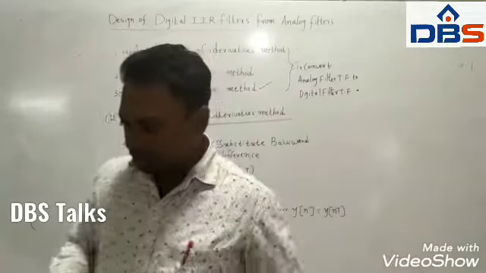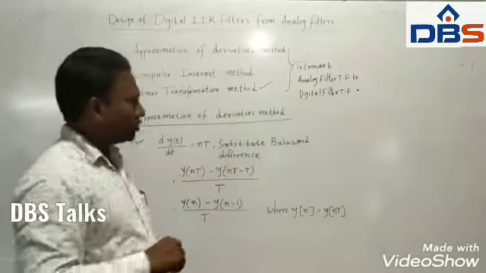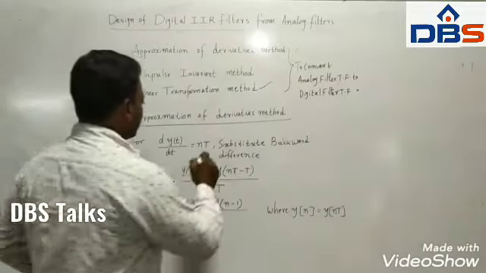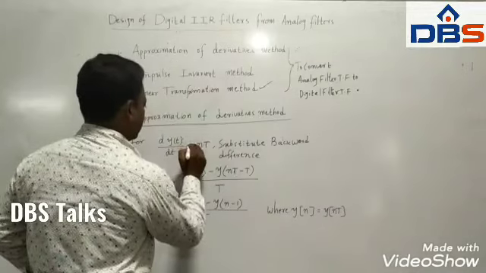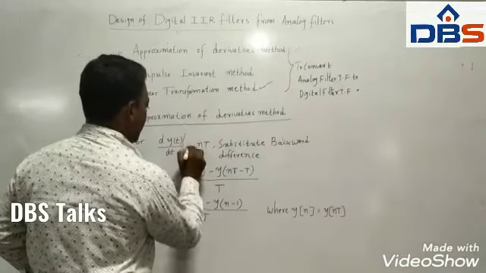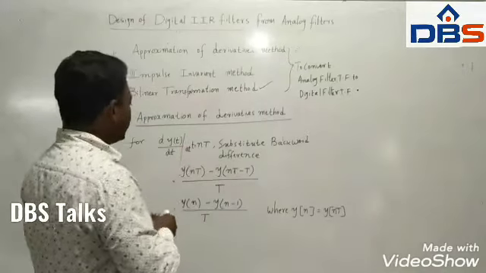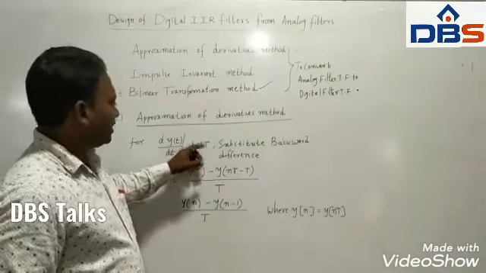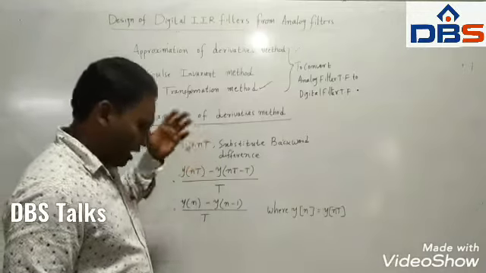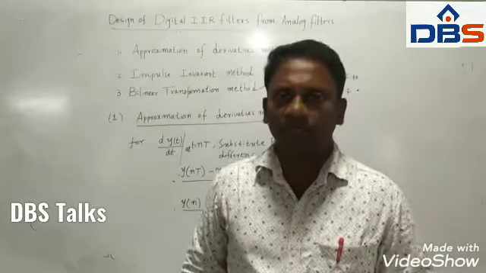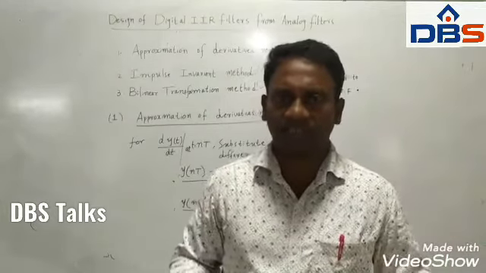In the analog domain we write it like that. dy/dt is a differential equation, and differential equations are used to represent analog filter systems.